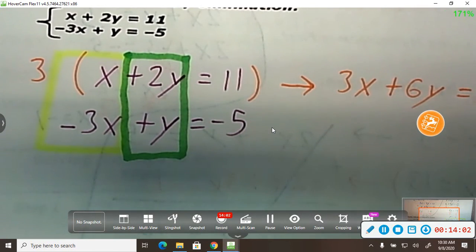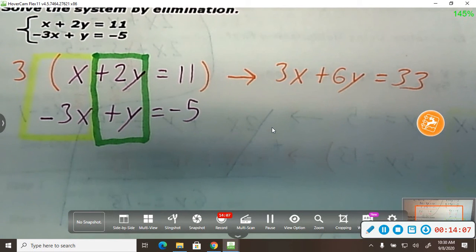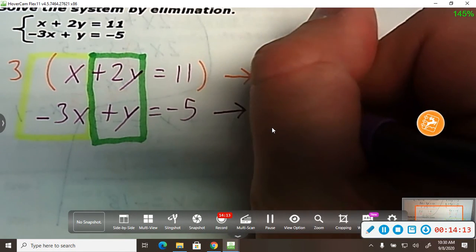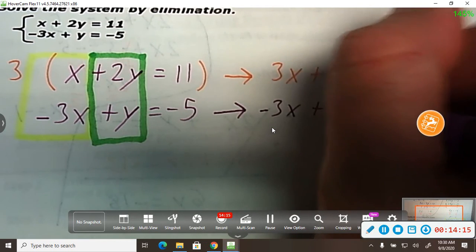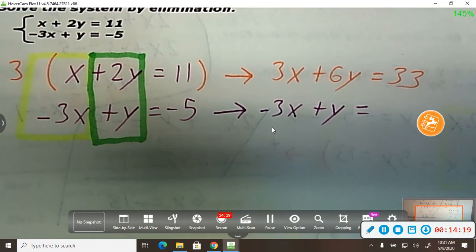Now the other one's good, but usually you have a problem where not everything eliminates. Sometimes you have to multiply both equations by something. But this one we can leave alone.